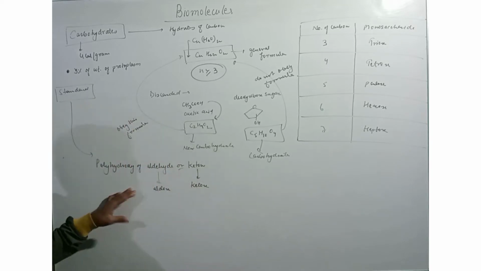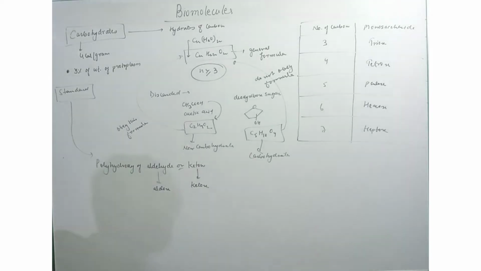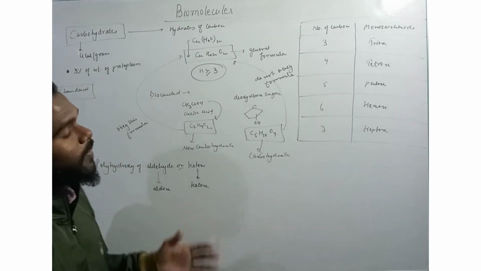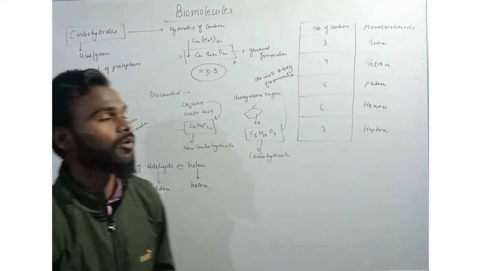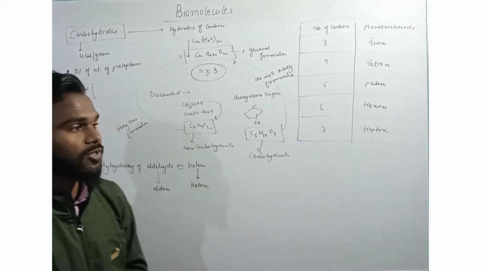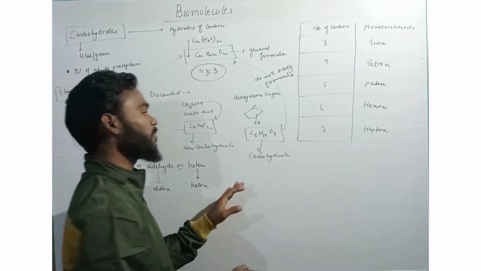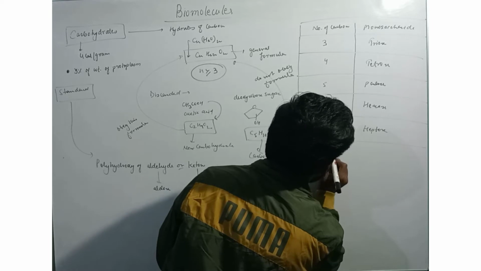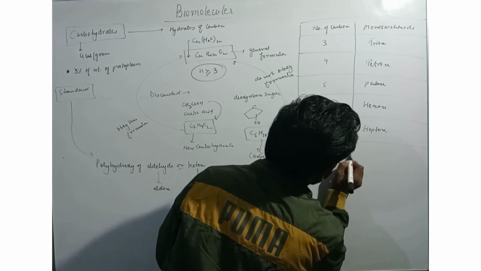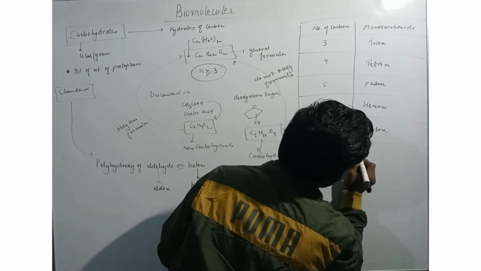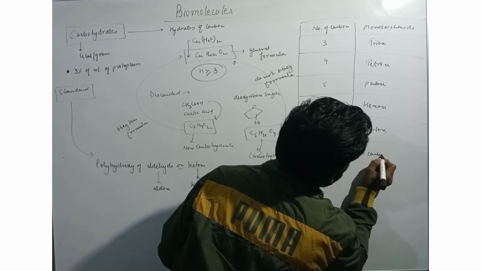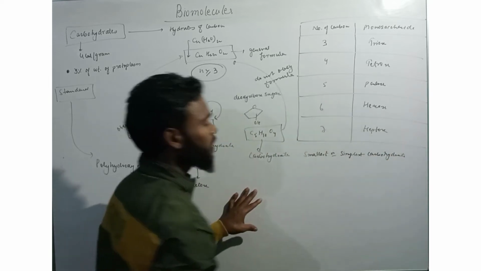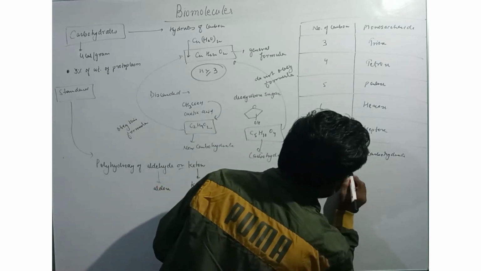Now the simplest carbohydrate is a 3 carbon compound, that is triose, called glyceraldehyde. Please do remember, the smallest or simplest monosaccharide carbohydrate is glyceraldehyde.